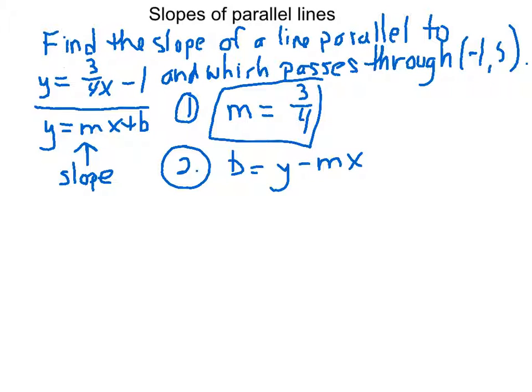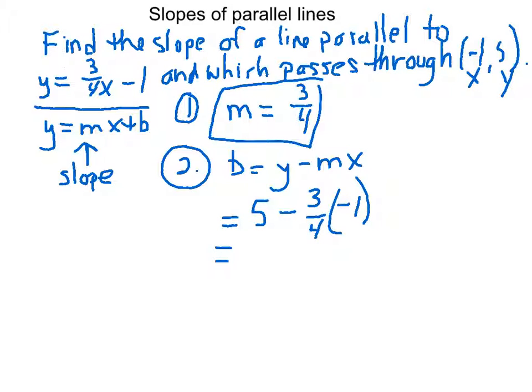To find the b value, which is also your y-intercept, you take a y value and subtract out the slope times the x value. Well, they gave us an x and a y right here, so we're going to use those. So the y value they gave us was 5 minus the slope that we just figured out was 3/4 times our x value, which is -1.